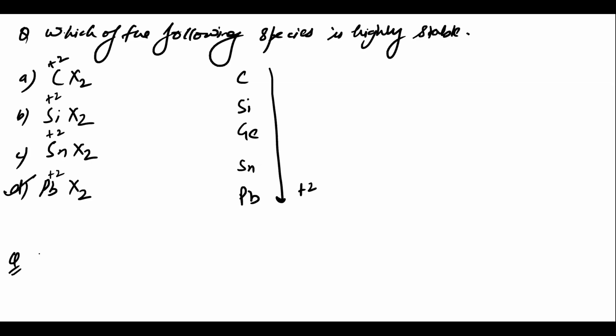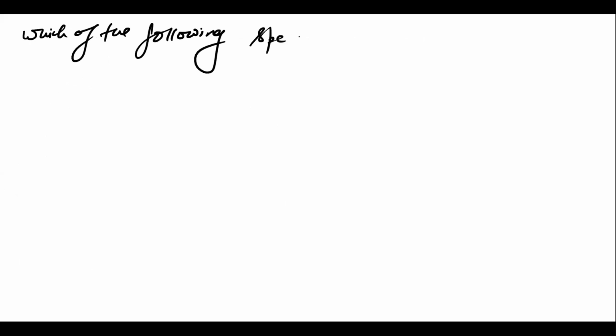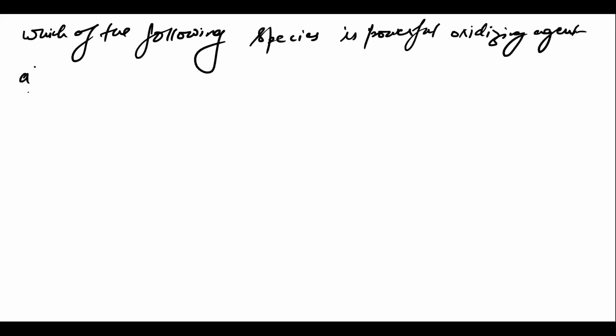Which of the following species is a powerful oxidizing agent? Let's take the next slide. A is Ba3 positive.